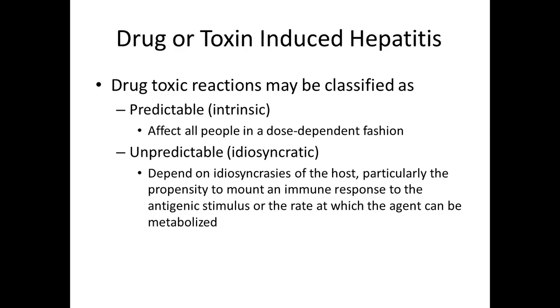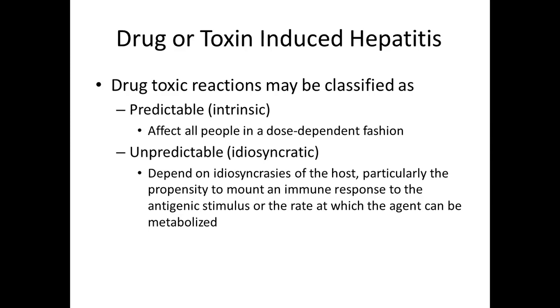So there are a number of agents which may cause drug-induced or toxin-induced hepatitis. Obviously, we will not discuss all of them, but a couple of commonly used drugs, like paracetamol, acetaminophen, we will discuss.